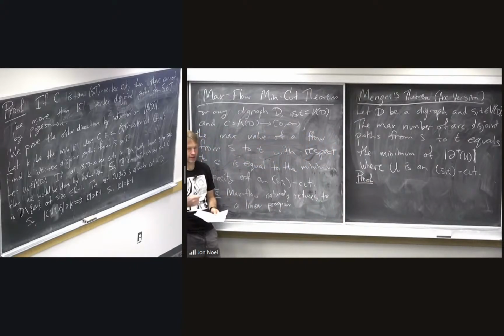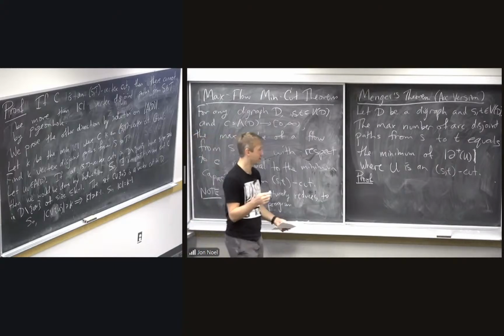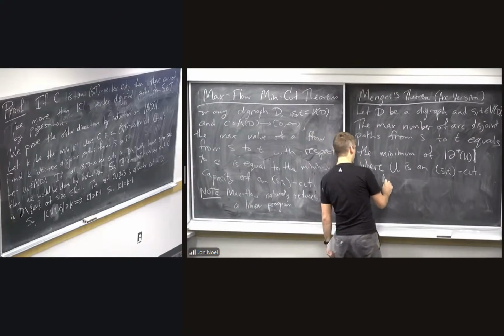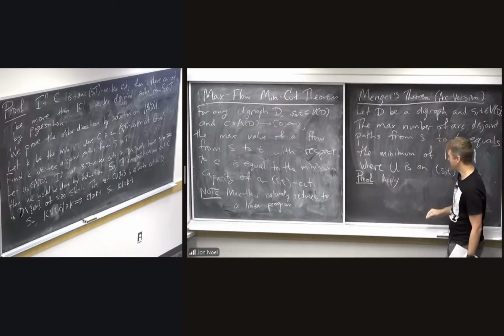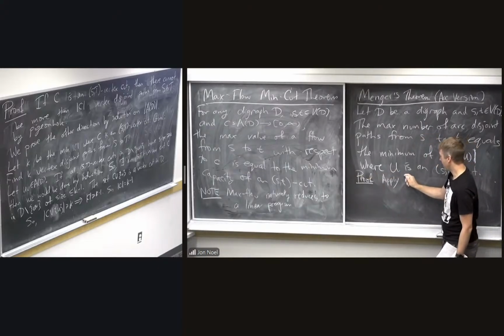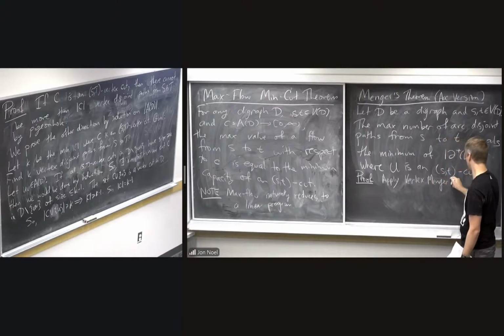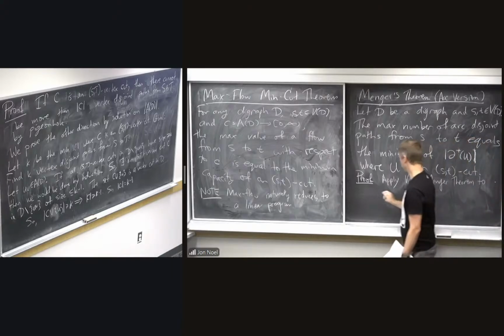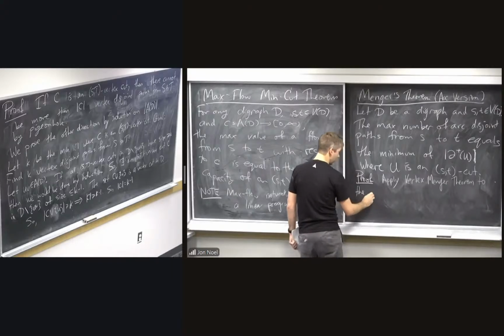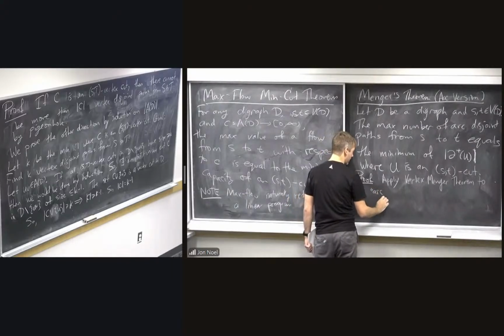And it turns out this follows pretty quickly from the vertex version of Menger's theorem. So maybe I won't put all the details, just so I can get to the proof of the Max-Flow-Min-Cut theorem, but apply the vertex Menger theorem to the arc line digraph.